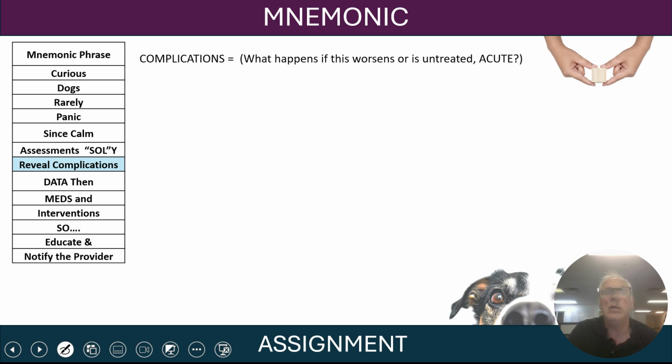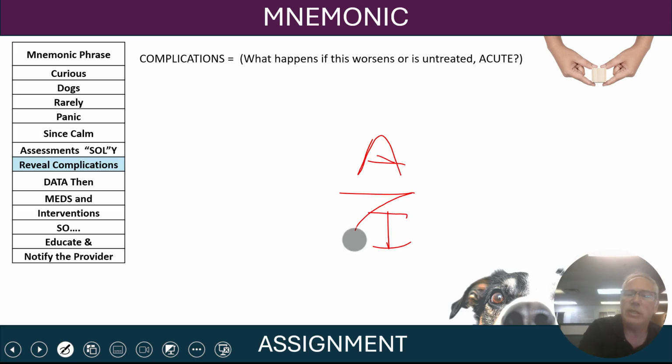Complications could be anything like a myocardial infarction, respiratory failure, a stroke, or DKA. These are all complications that would present themselves if the nurse didn't assess. And so it's very important for the nurse to assess, then implement interventions, and figure out what's going on with the patient.